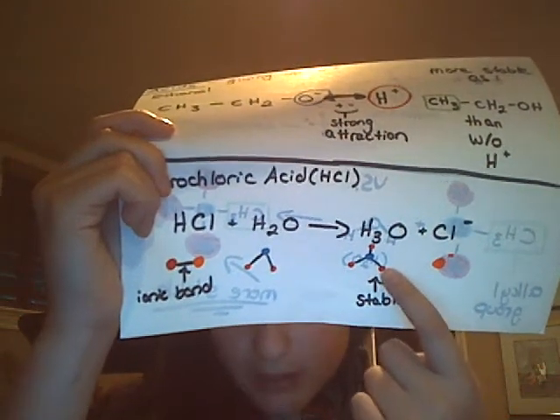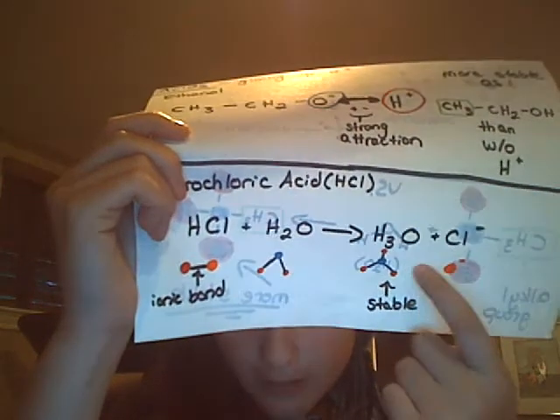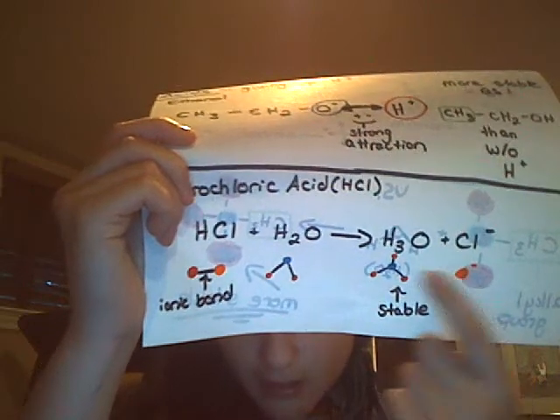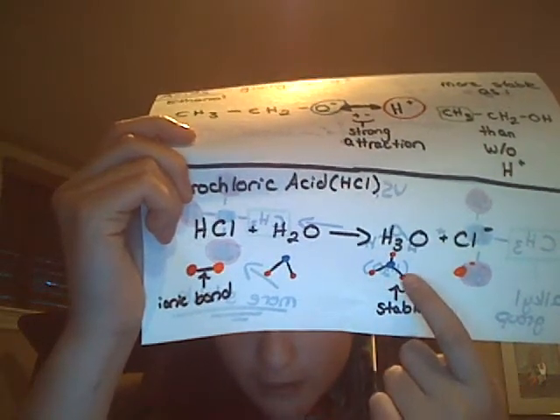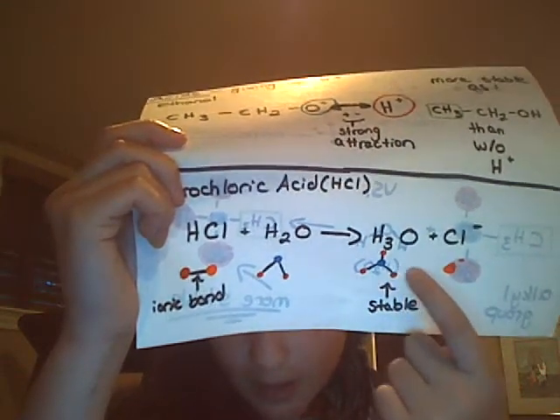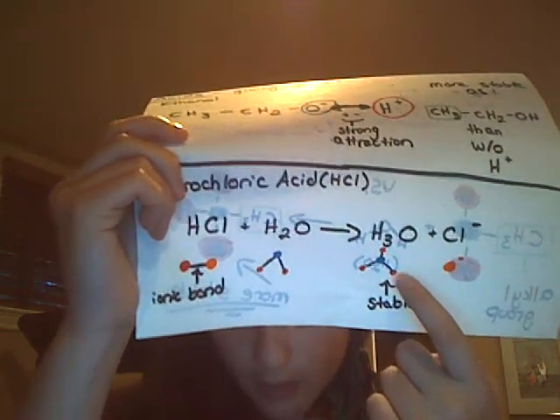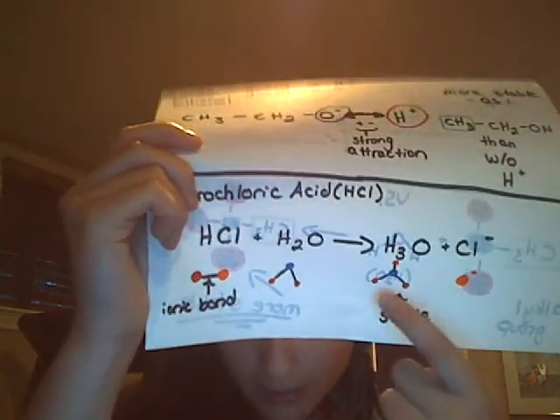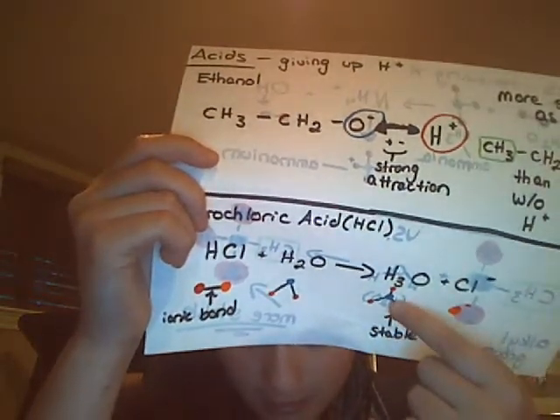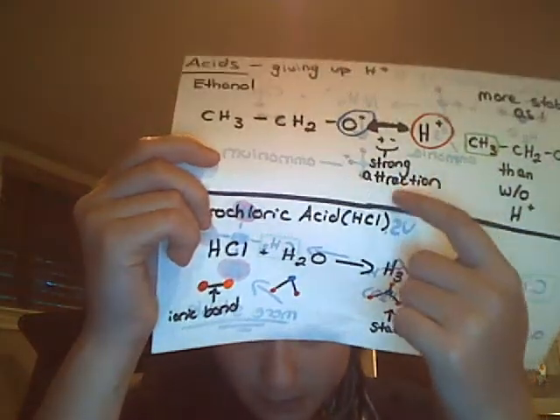So this bond can't be broken merely by this attraction. The attraction of the negative Cl and the positive H ion, which is now neutralized due to the oxygen's negative charge and negative electrons. So there's a lot more stability going on here than here, and in this case the hydrogen ion is actually given up. Well, in this case it's very difficult.